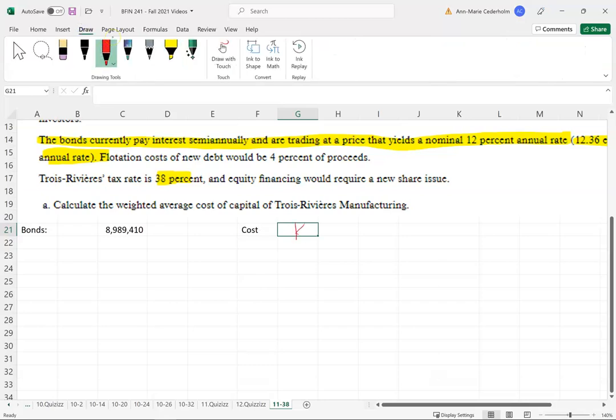So it's going to be KD equals Y divided by 1 minus the flotation rate. So there's going to be a cost associated with issuing the bonds. So that's what the flotation rate means.